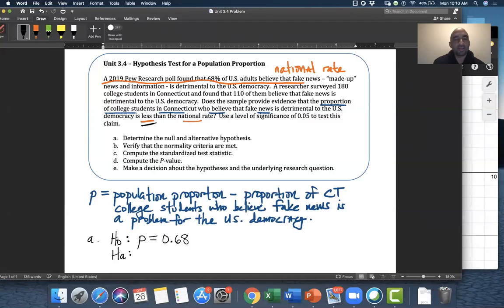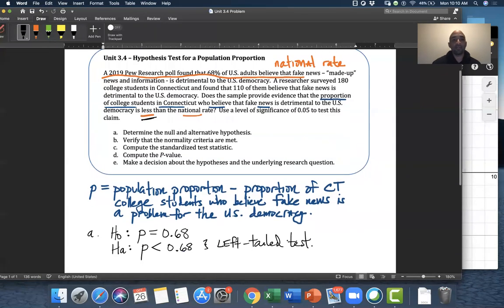Does the sample show that the population proportion is less than the national rate? So we'll have a less than here. So we have a left-tail test, right? This is critically important. Once you determine your alternative, you know the type of test. We'll do a left-tail test, and this is going to specify how we compute the p-value.